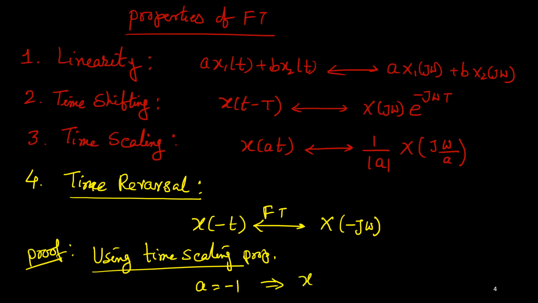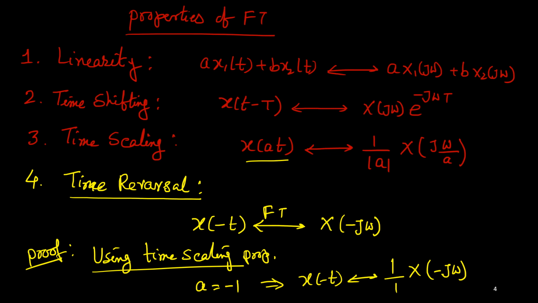You'll get x of minus t, and the Fourier transform is 1 upon mod of minus 1, means 1 only, and it is capital X of j omega by minus 1, that is minus j omega. That's simple. So x of minus t has Fourier transform simply capital X of minus j omega.